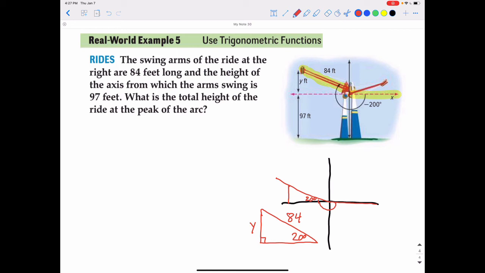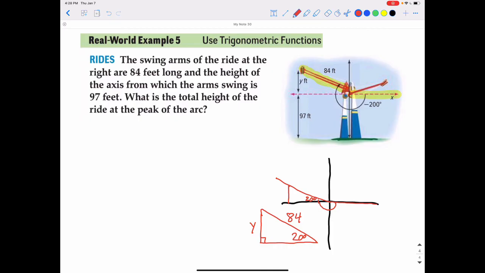And 20 degrees is not one of our special triangles, but we can use the same trigonometry we also did in section 9.1 by using a calculator to figure out the proper trig measure, or trig function of 20 degrees to help solve for y. So notice we're trying to solve for y, which is opposite of my reference angle. And notice that 84 is a hypotenuse.